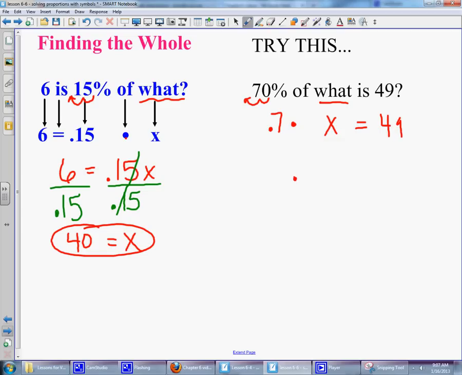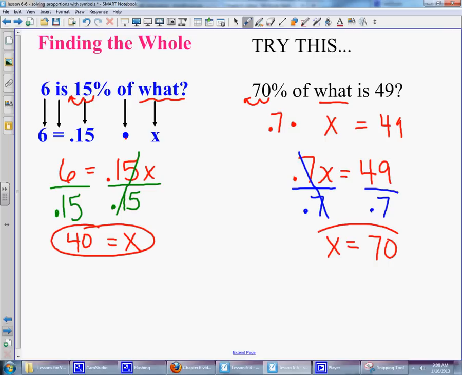So our math equation is 0.7x equals 49. So when we solve the equation, we divide by 0.7. 0.7x divided by 0.7 is x. And then 49 divided by 0.7 is 70. So 70% of 70 is 49.